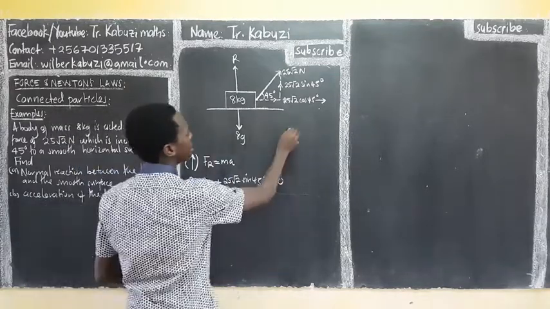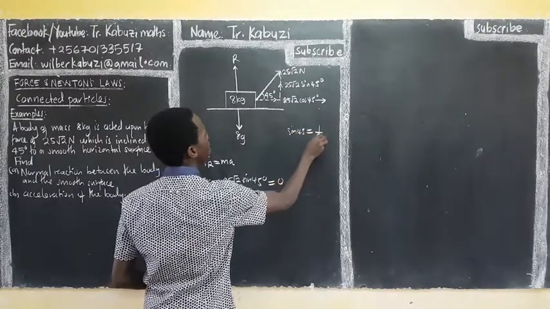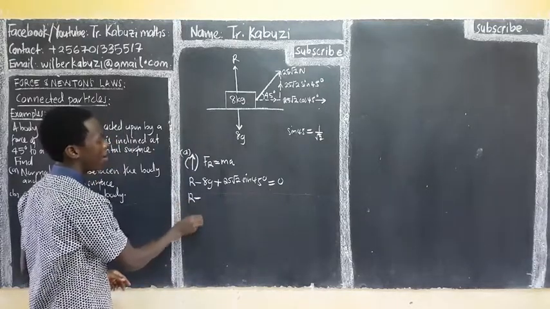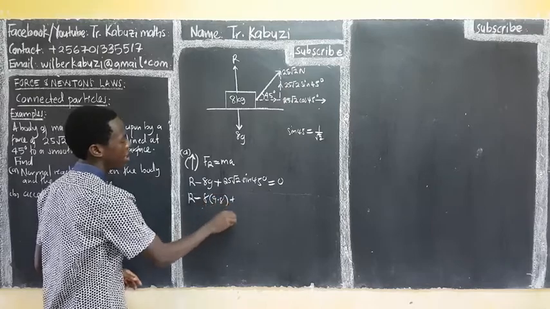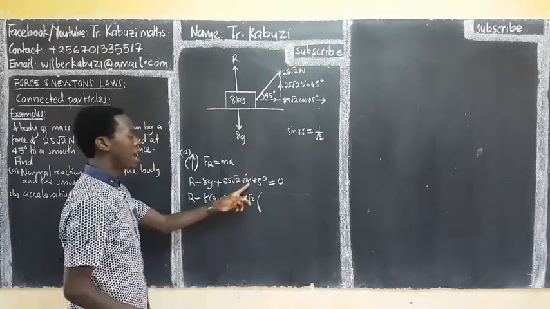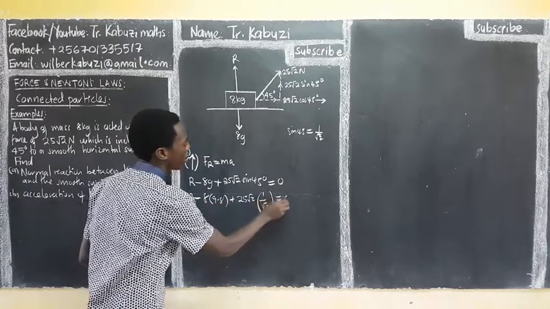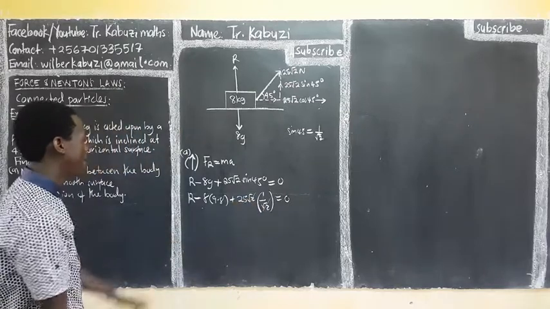But we all know that sine 45 from trig is 1 over root 2. So R minus 8 into 9.8, then plus 25 root 2 into 1 over root 2, equals 0.